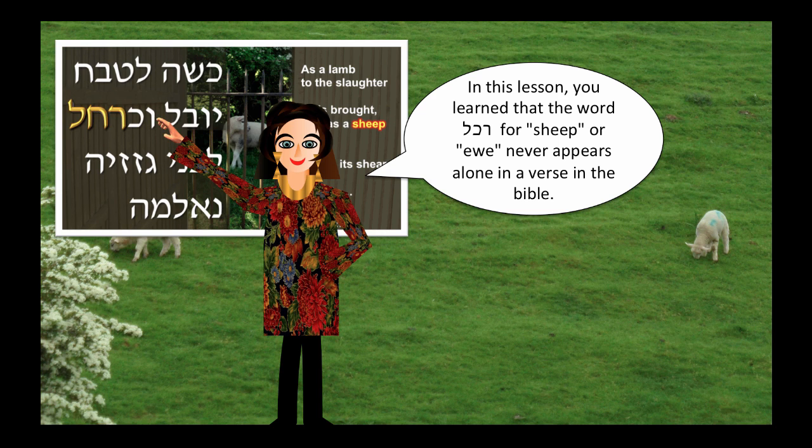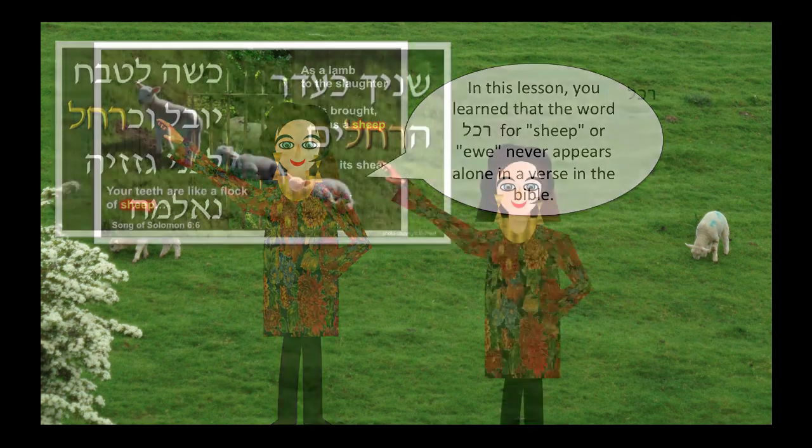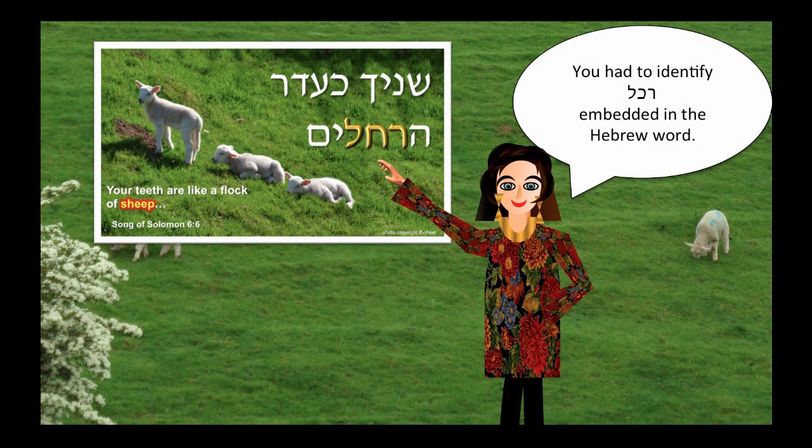And in this lesson, you learned that the word Rachel for sheep or ewe never appears alone in a verse in the Bible. You had to identify Rachel embedded in the word, and this is like a Hebrew trick.